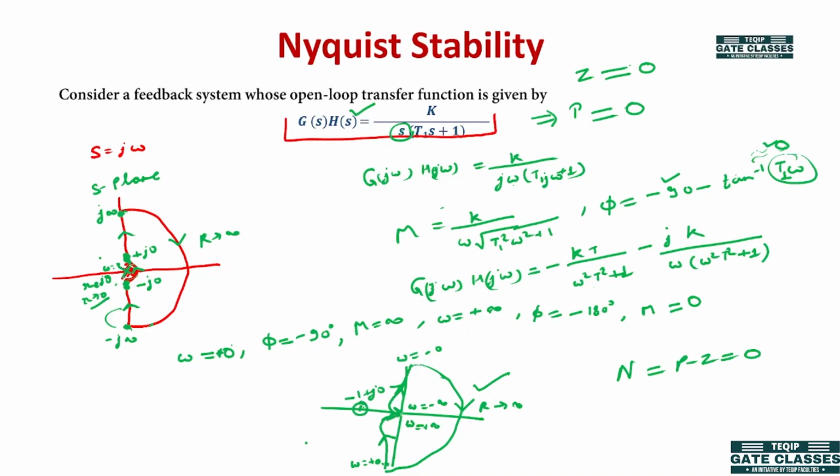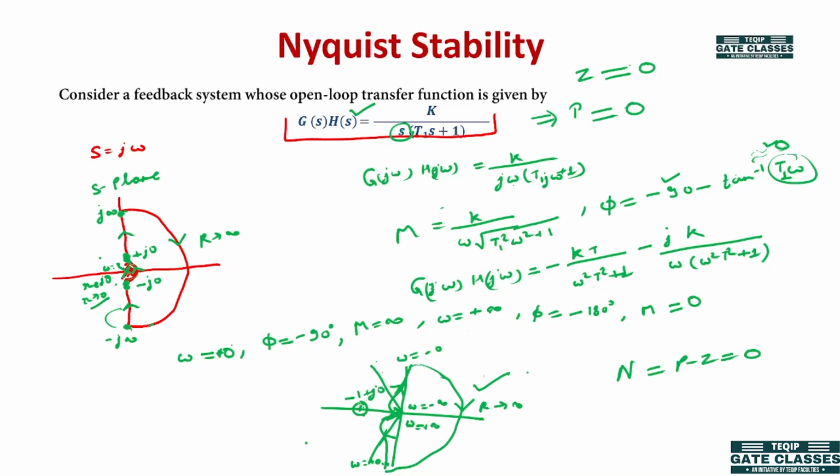If we draw a line from the center crossing this curve, we see that, even without drawing this line, this curve is outside of this point, so the system is stable.